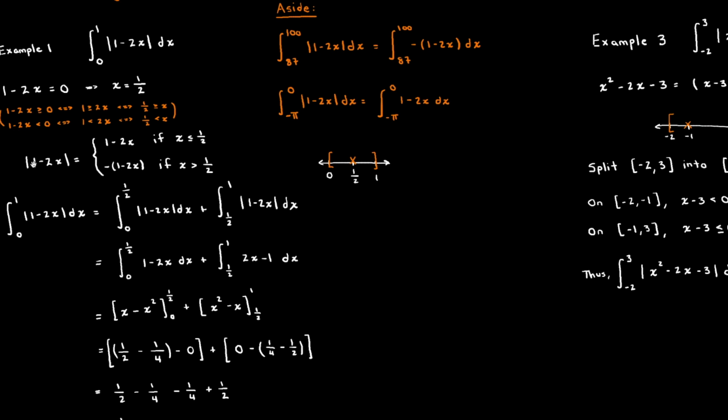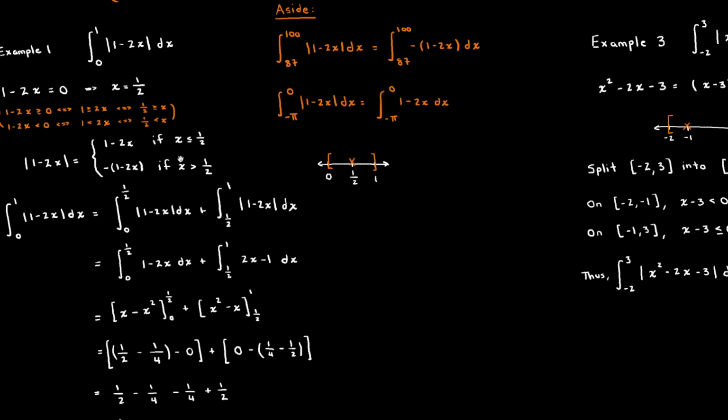The absolute value of 1 minus 2x is just going to be 1 minus 2x as long as the input x is to the left of 1/2. And otherwise, we will have to attach a minus sign to the output if x happens to be bigger than 1/2, in which case 1 minus 2x is negative, so that's why we multiply by the negative sign.